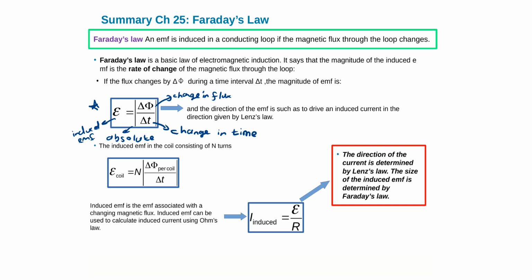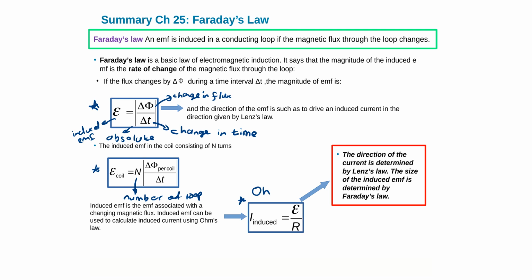If we have one loop, it will be this equation. If we have two loops through which flux is changing, we multiply it by the number of loops, N. After that, if I have an induced current that I'm using to calculate induced EMF, which generates a current through a resistor system, Ohm's law, as always, holds.